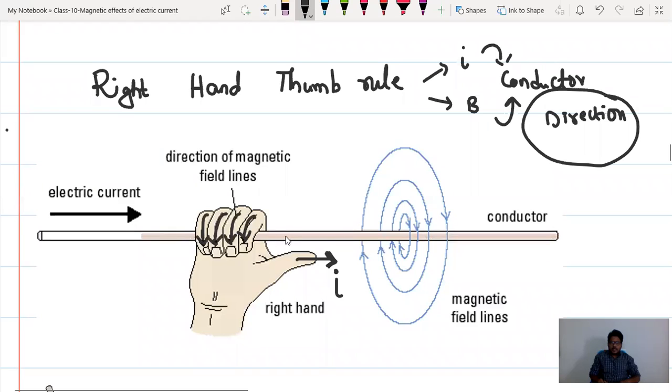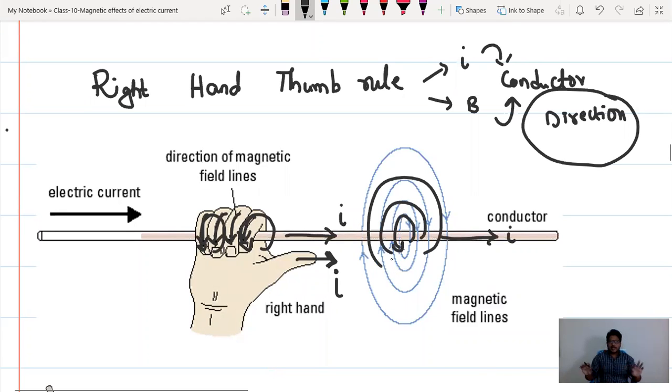So if current is passing in this direction, the magnetic field will be in this direction. Here you can observe, this is current I, and the magnetic field will be like this. That is a concept you need to understand. So around a straight conductor, the magnetic field will be circular in shape.